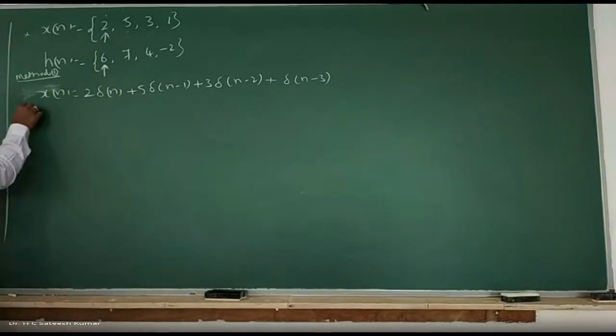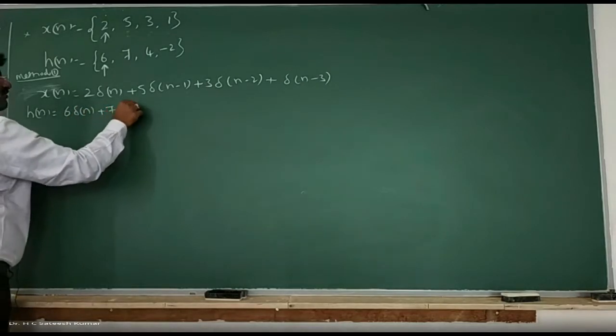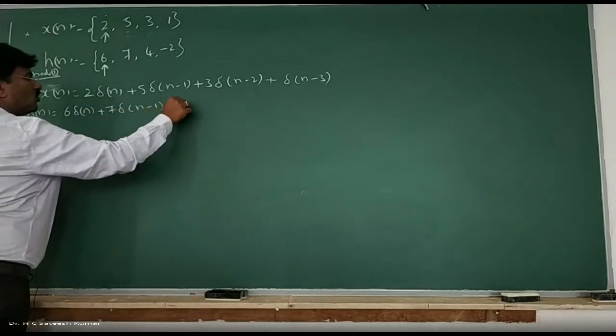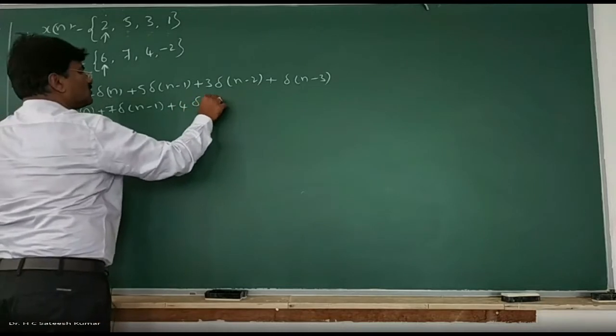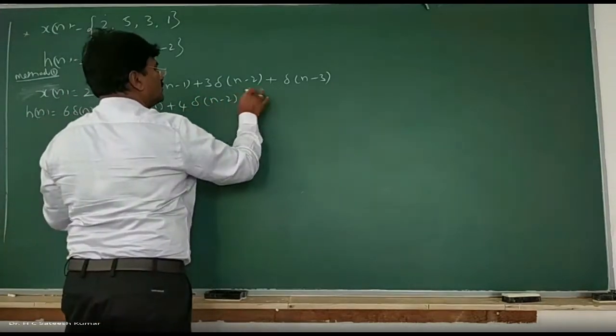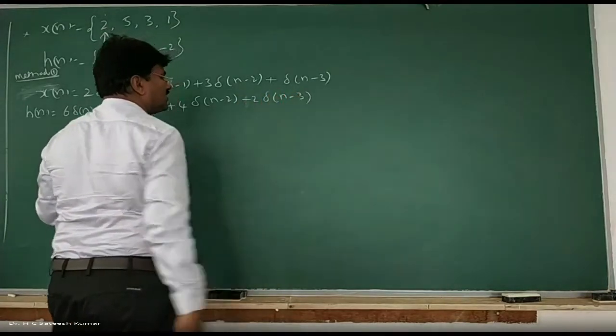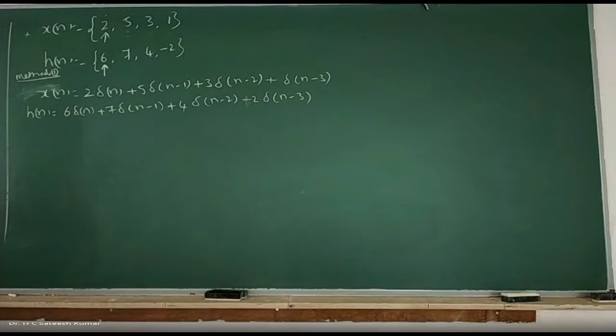And h of n is equal to 6 into delta of n plus 7 into delta of n minus 1 plus 4 into delta of n minus 2 plus minus 2 into delta of n minus 3. Something like that we can do. Okay. How many elements are there?